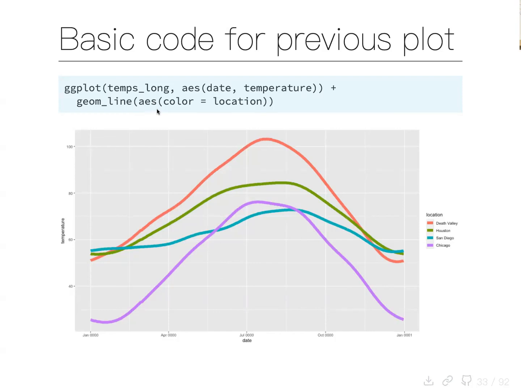We're pulling in an aesthetic mapping. The color is going to be mapped to location. Okay, and that creates different lines for each location. Because I said color, we're also getting different colors for each location. If I said group equals location, they would all be the same color, but we'd still get separate lines. Okay.